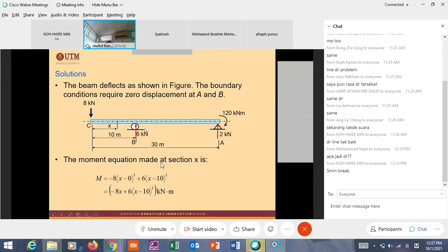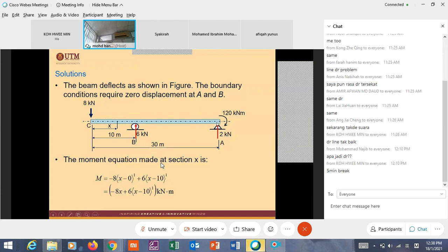In this case, it is between B and A, not between C and B. That is the difference between Macaulay method and double integration. In double integration method, you split into two segments, CB and BA. In Macaulay method, you derive only one equation that can cover all loading.